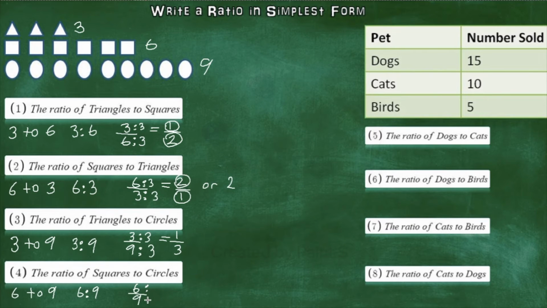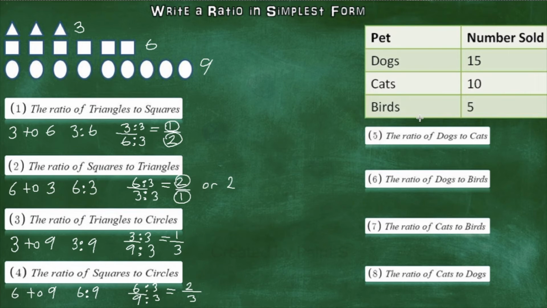Let's simplify that by 3. 6 divided by 3 is 2. 9 divided by 3 is 3. So 2 over 3. So be careful with this kind of question. Again, whichever word comes first is going to be your numerator, and the second word will be your denominator. If they change the order of words, it also changes the final answer.